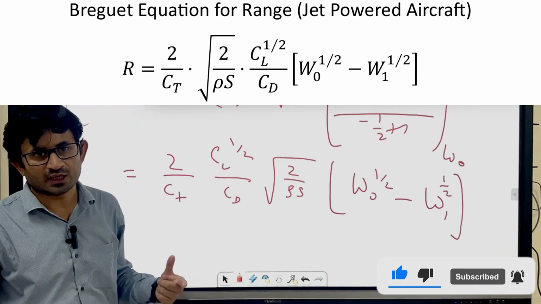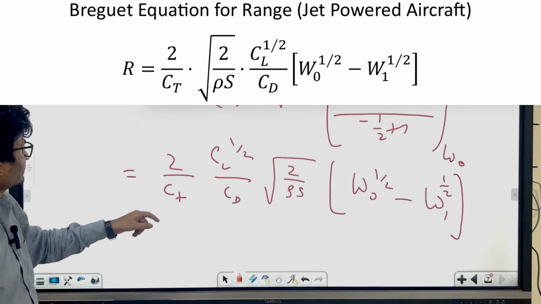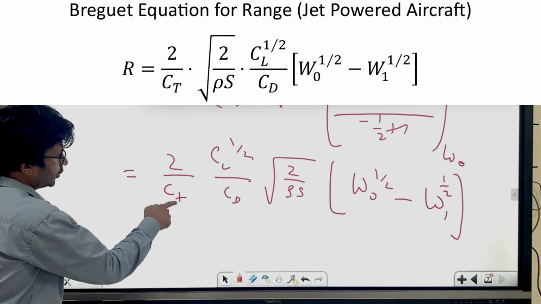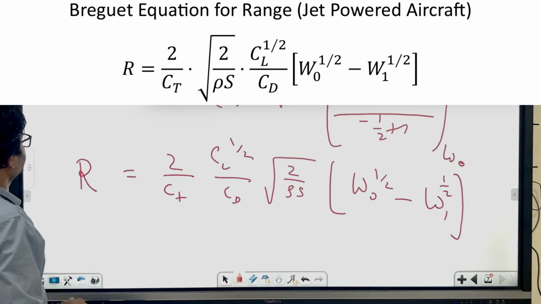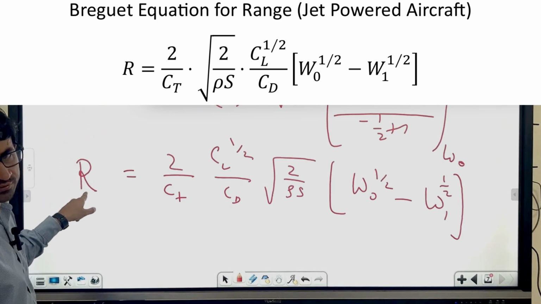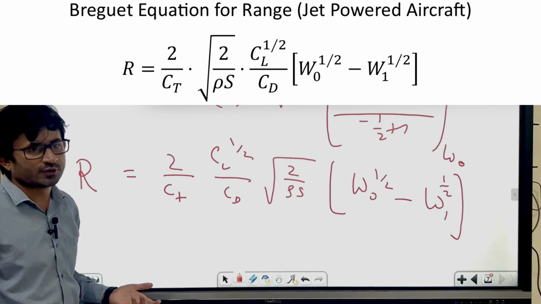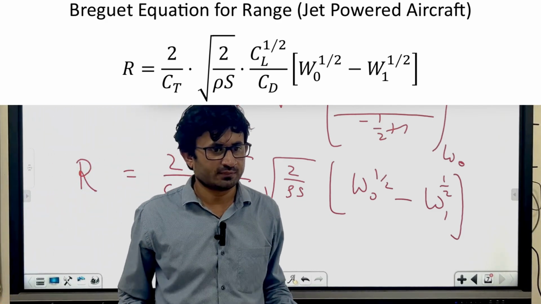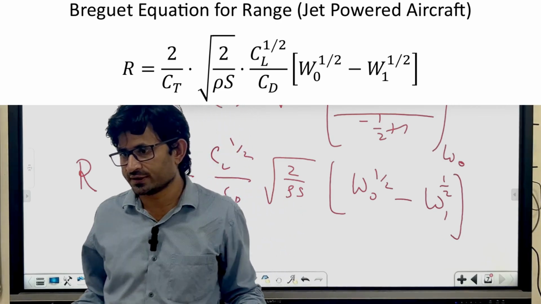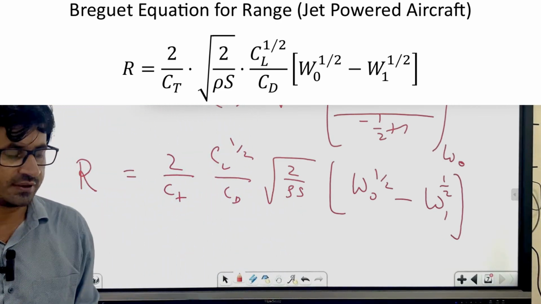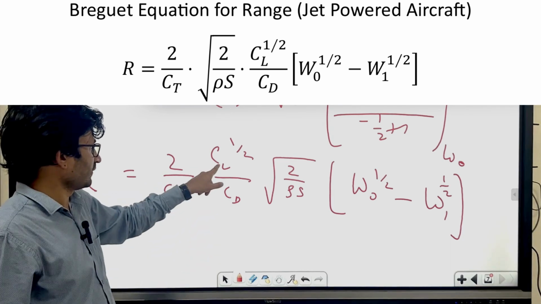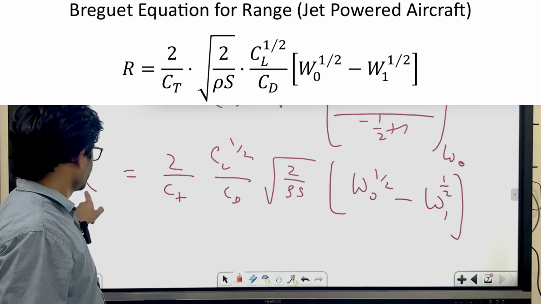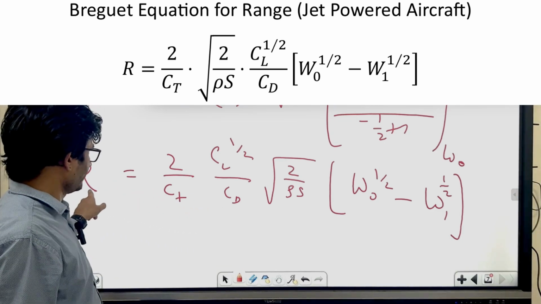So from this expression also you can observe, if the specific fuel consumption is low, your range will be high, and V into E is range. Simple. Speed equal to distance upon time. So here also you are assuming there is no acceleration, right? Aircraft is flying with a constant velocity. And if you are flying with a Cl power 1 by 2 by Cd condition, max condition, R will be the maximum.